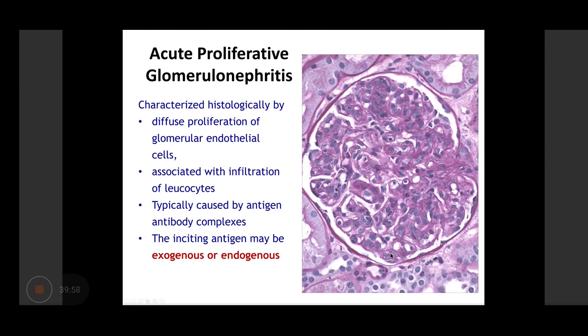If you go diametrically opposite at 6 o'clock, you can see that the capillary lumina are well seen, right? So the maximum amount of endocapillary proliferation is present from 12 o'clock to 1 o'clock in this glomerulus. In addition to that, there is some degree of increased mesangial matrix and cellularity and infiltration by leukocytes, which can be mononuclear cells or polymorphs. This is the classical description of acute post-infectious proliferative glomerulonephritis.